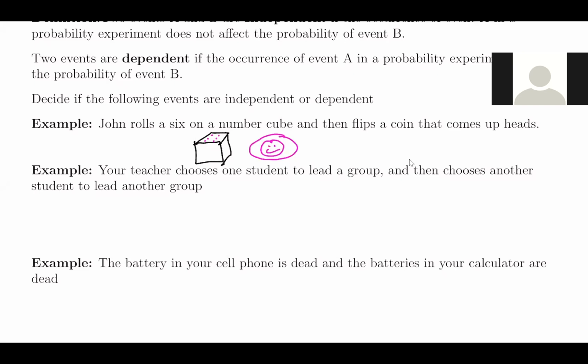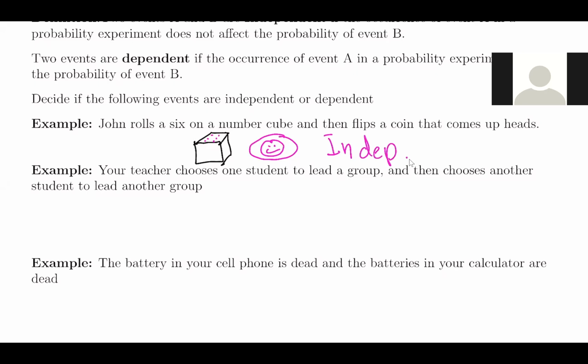All right, so he first rolled a die and he got a 6, and then he flipped a coin and the coin landed on heads. So does the fact that he got a 6 when he rolled the die affect the probability of the coin landing on heads? No. So for this one, it will be considered independent.